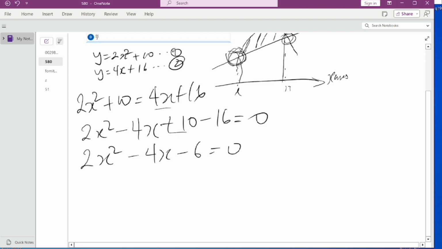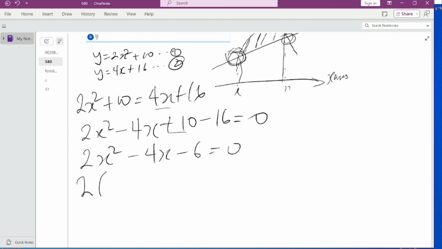We can factorize to simply get the x values, but we can also break this down since they all have 2 in common, to make it easy for us to solve. We take 2 out, you'll be left with x squared. You divide minus 4 by 2, you'll have minus 2x.